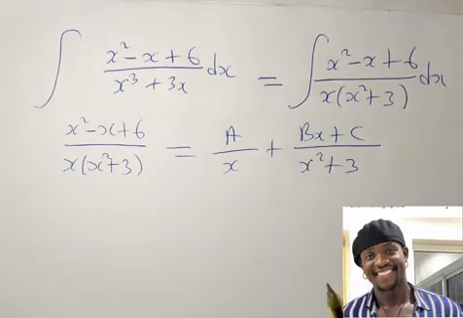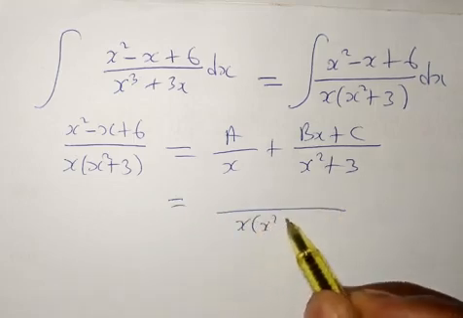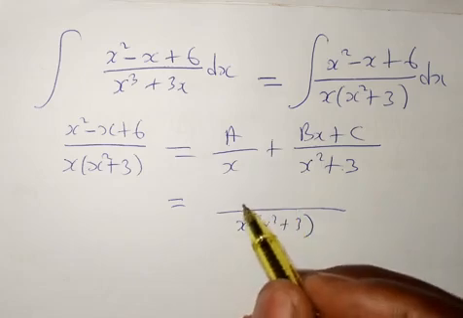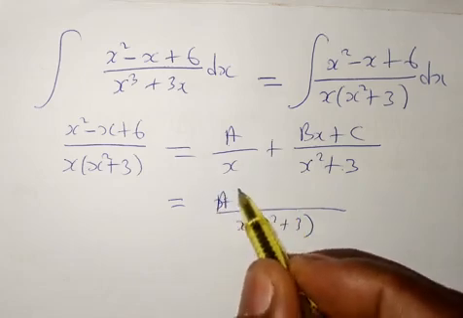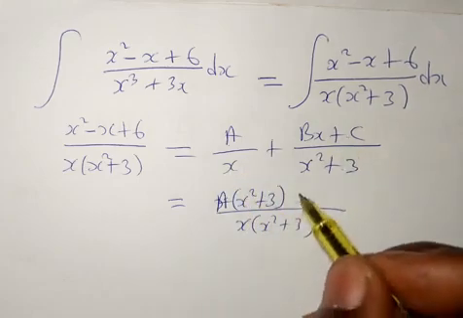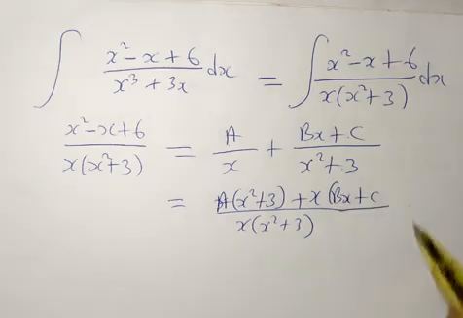By implication, when we take the LCM of this, the LCM would definitely still be x(x² + 3), which by this multiplied by this, you have A(x² + 3). Then this will give us plus x(Bx + C).